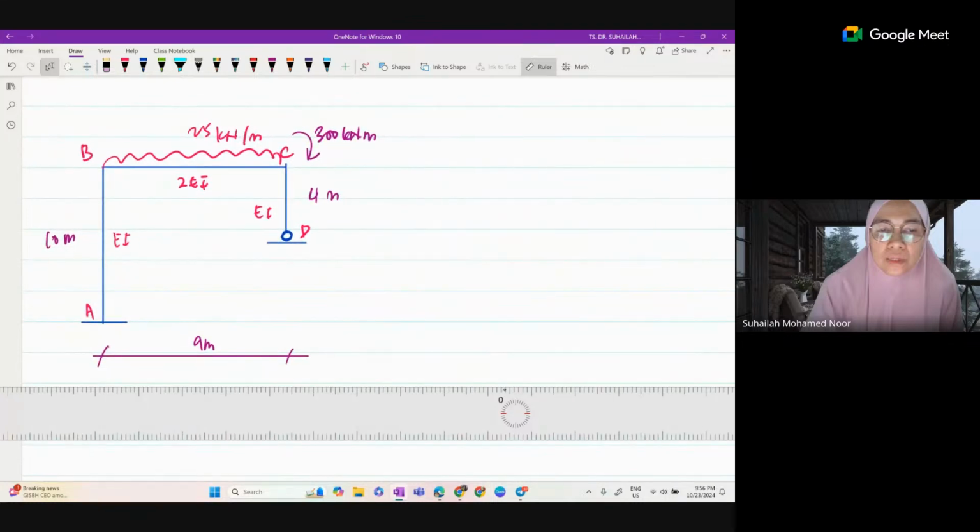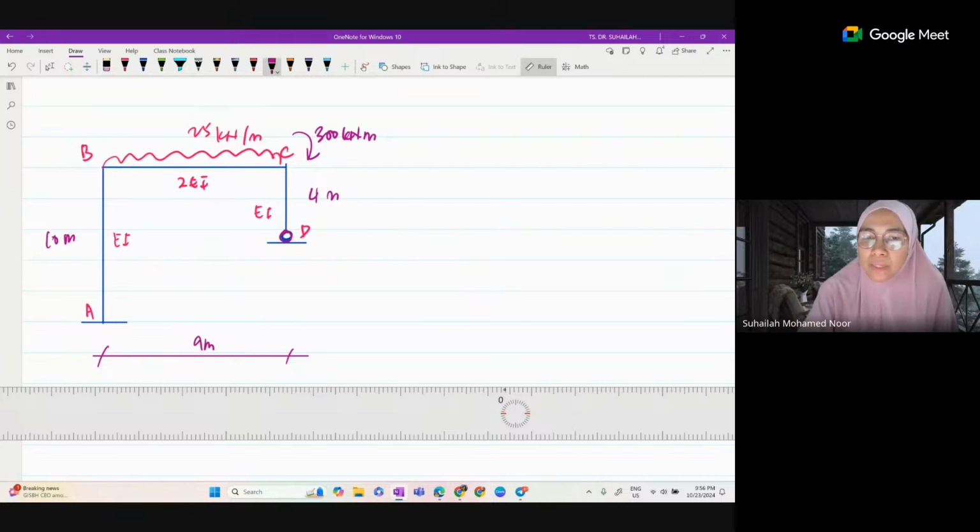So this is the frame, with a roller at D and fixed at A. AB is EI, CD is EI, BC is 2 EI. The vertical height for AB is 10 meter, for CD is 4 meter. And support settlement.